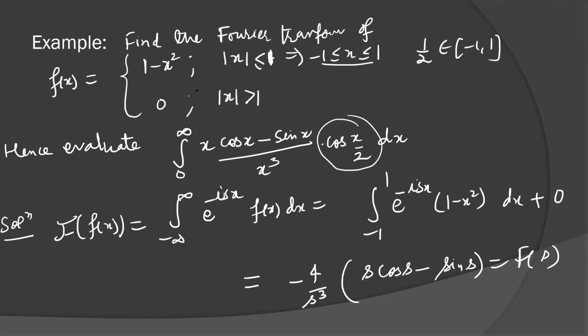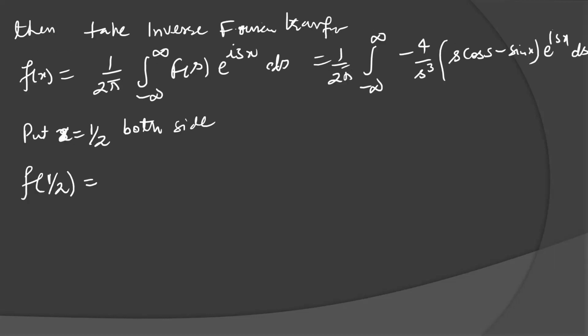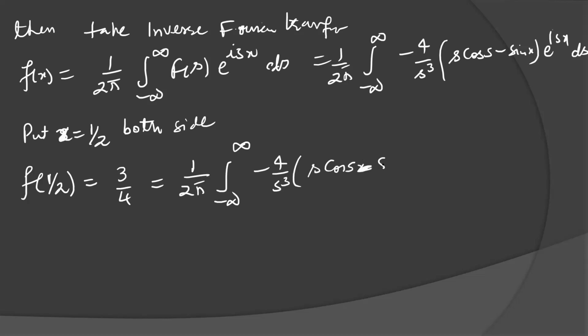It will give you 1 minus 1 by 2 square, 1 minus 1 by 4, so it will be 3 by 4, equal to 1 over 2 pi, minus infinity to infinity, minus 4 over s cube, s cos s minus sine s, e to the power i s by 2 ds.